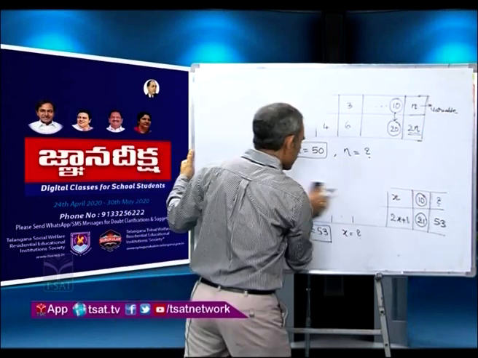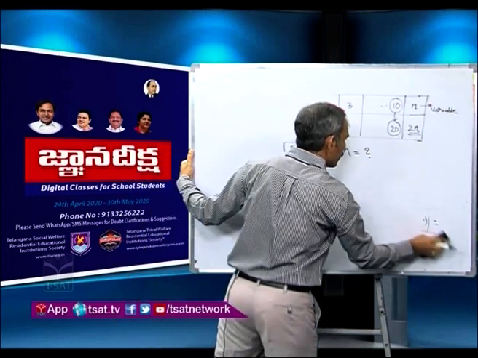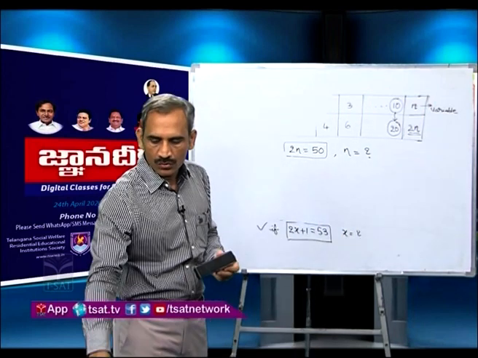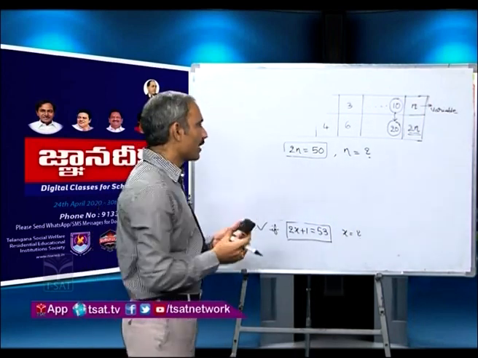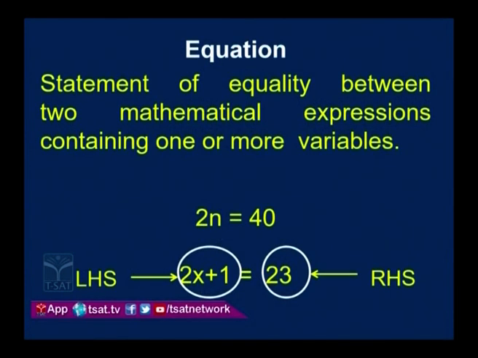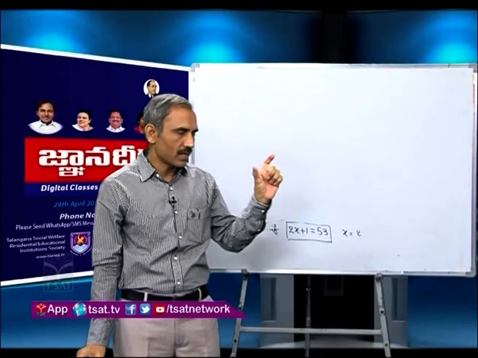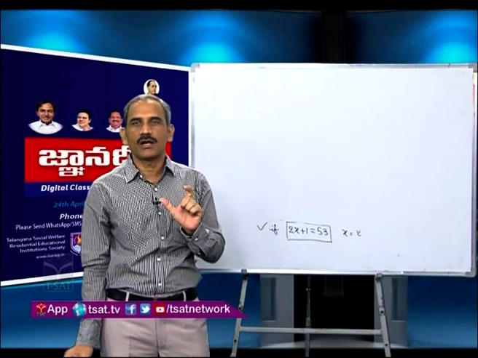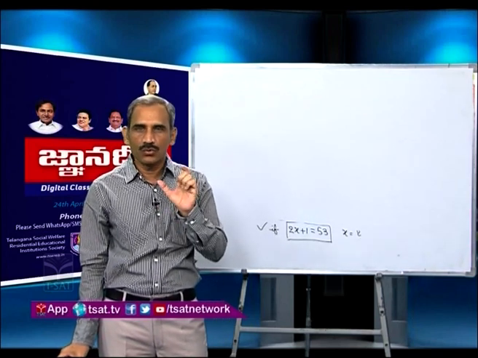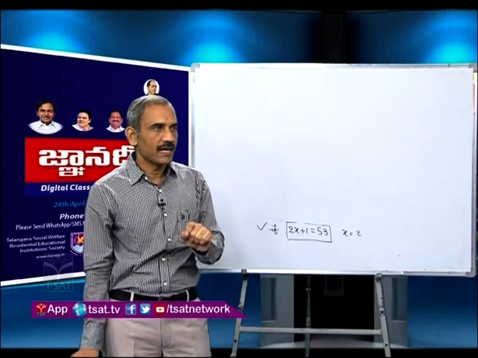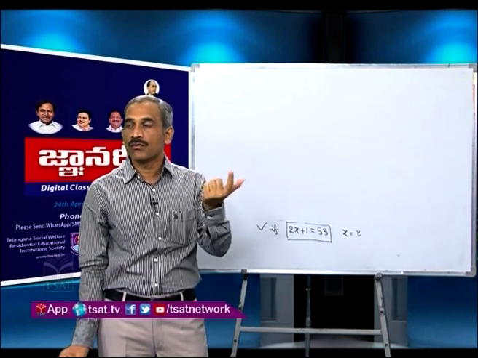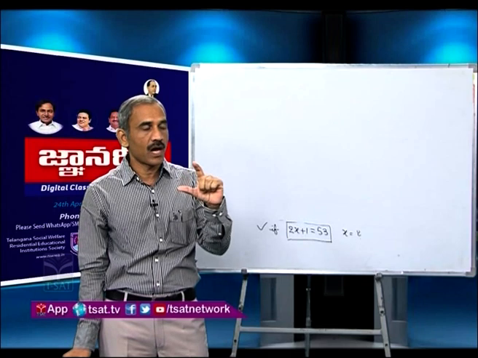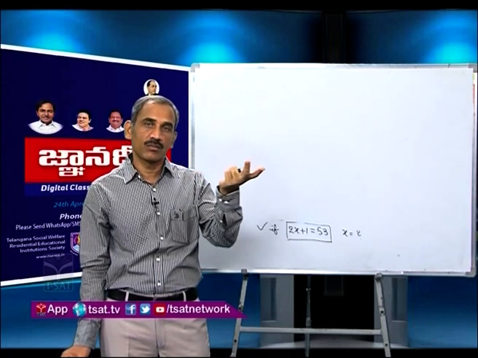Here how many equations did we form? Two equations we formed. If you look at the definition of an equation on the slide, it is a statement of equality between two mathematical expressions containing one or more variables. Sometimes you may have more than one variable also.